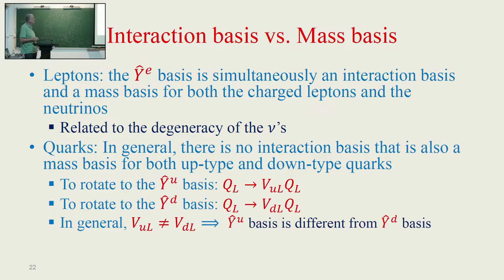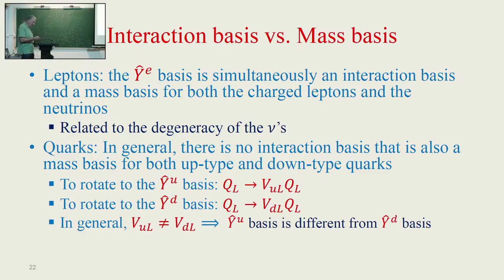As I said, this basis, where the Yukawas for the charged leptons are diagonal, Y e, mu, Y tau, in this basis, it's simultaneously an interaction basis and a mass basis. So the SU2 partners, nu e, nu mu, nu tau, are also mass eigenstates.